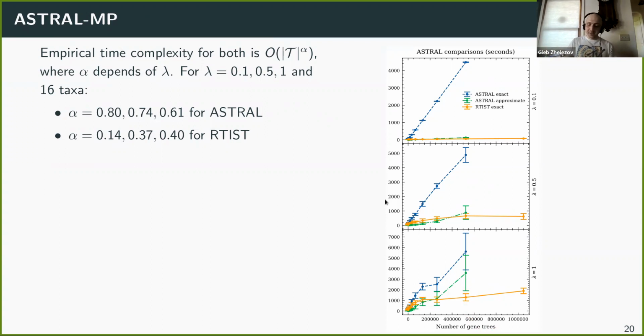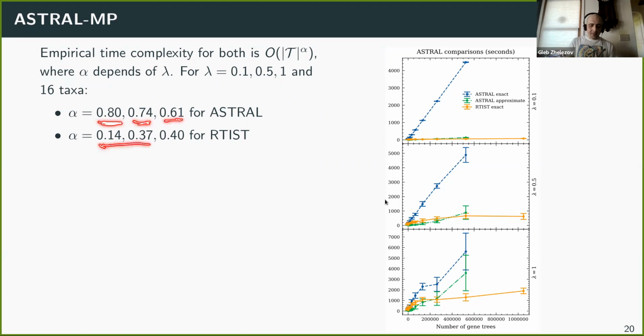And just out of curiosity, we assumed that the time complexity would be something like number of gene trees to the power alpha. So if you just do ordinary linear regression on the mean for a fixed number of gene trees, you get powers that are a little bit higher for Astral.